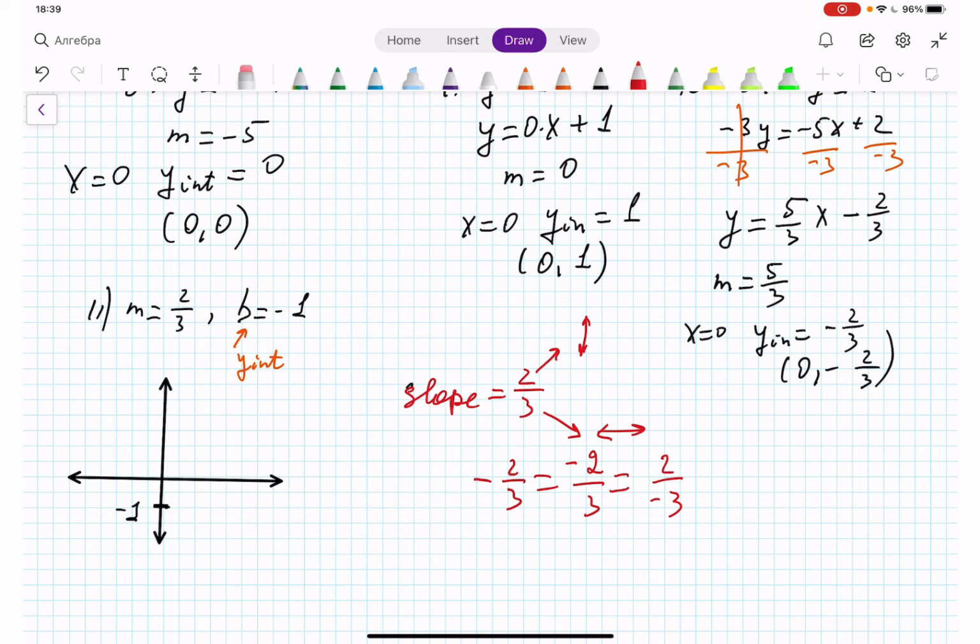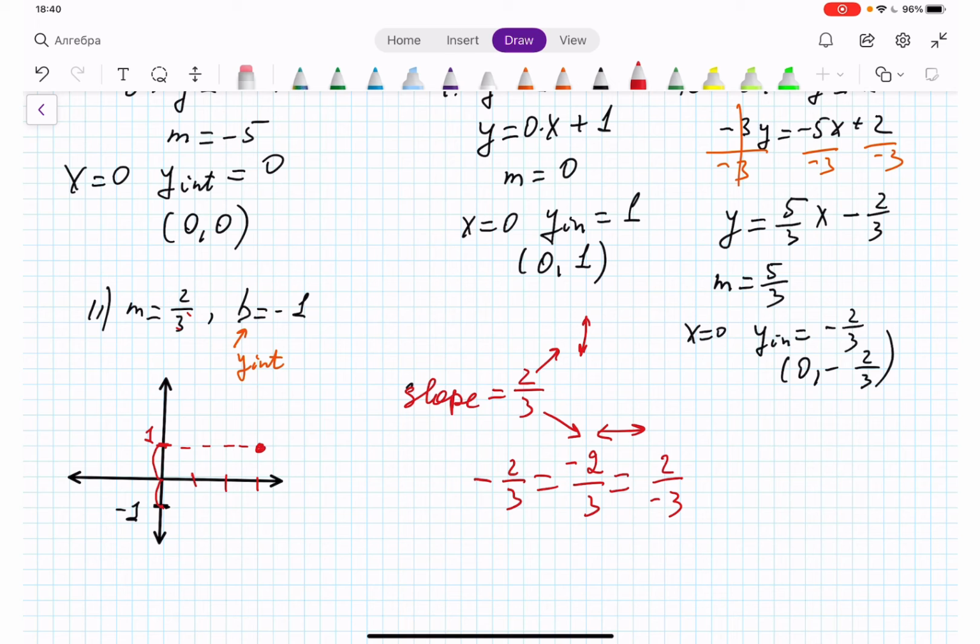So we have negative 1. Now I have to graph 2. So I'm going from this 1. I'm going by 1 and 2. This is 1, and then this is 2. This is positive 2. And then from here, I have to move horizontally by positive 3. 1, 2, 3.